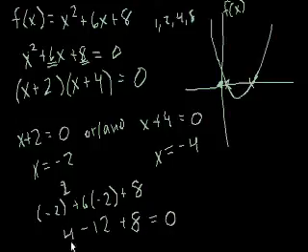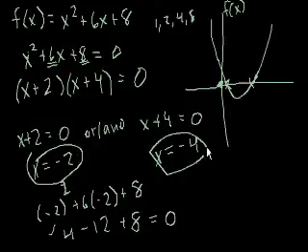And sure enough, that equals 0. And if you did the same thing with negative 4, you'd also see that that works. And you might be saying, wow, this is interesting. This is an equation that has two solutions. Well, if you think about it, it makes sense, because the graph of f of x is intersecting the x-axis in two different places. Let's do another problem.